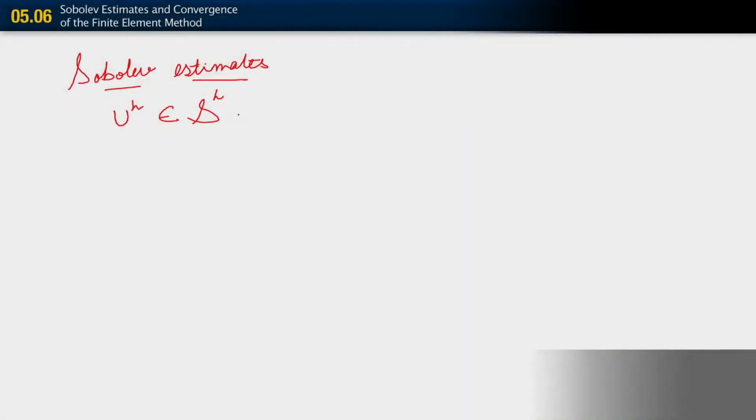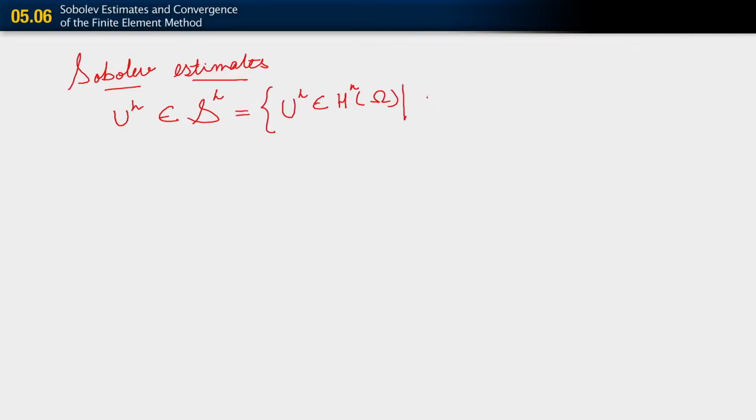Okay, let me say that UH belongs to SH, which now consists of all functions UH that for our purposes now, which actually hold in more general settings, okay, consists of Hn functions. And additionally, of course, they need to satisfy the Dirichlet boundary condition, right?